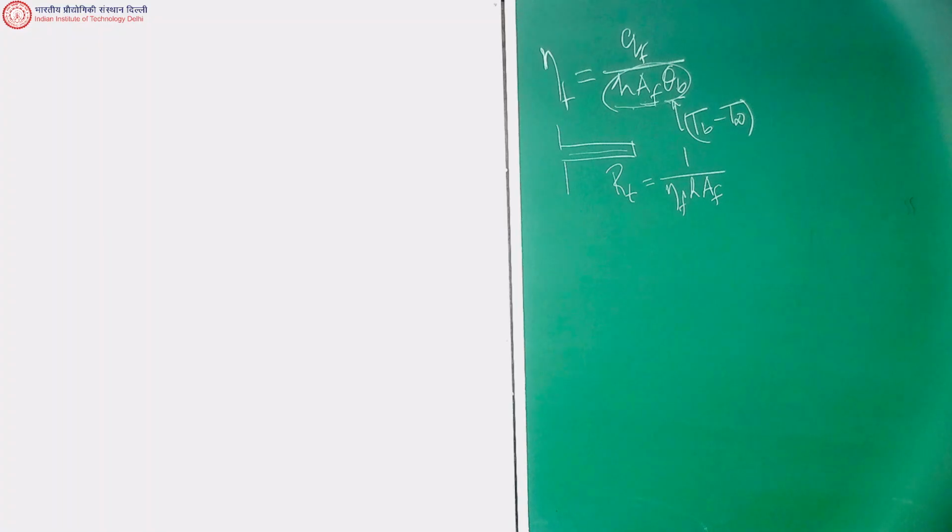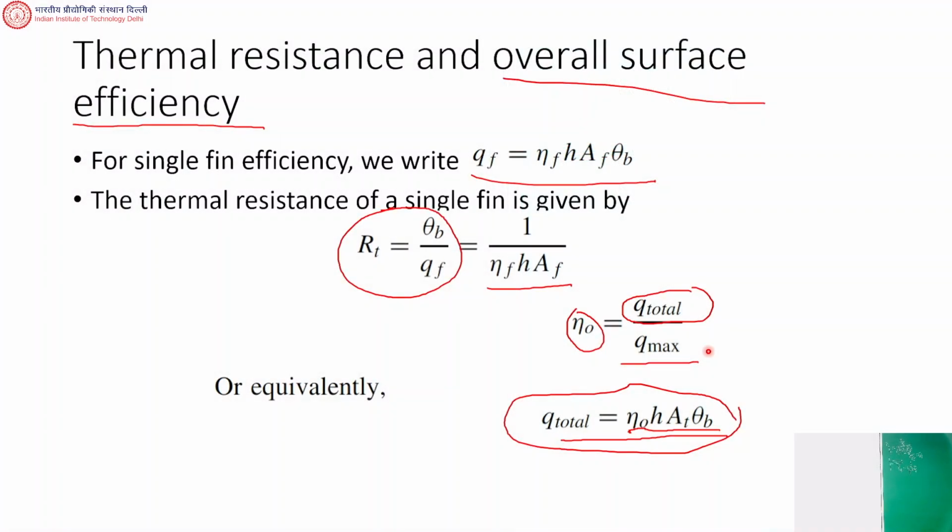Now the overall efficiency of the fin array is Q total divided by Q max. This is similar to the single fin efficiency. So again, what is Q max? Q max will be HAT theta B, right? In case of an array, HAT theta B. So what is AT?